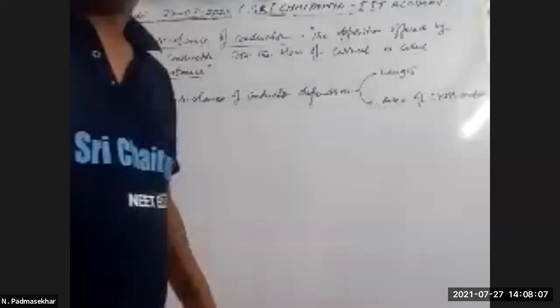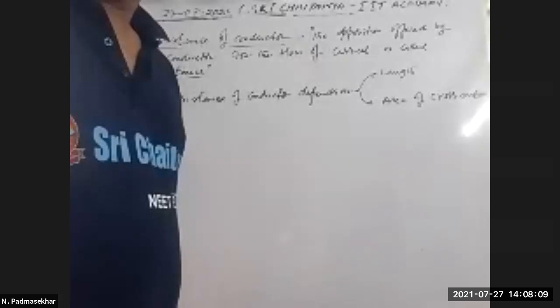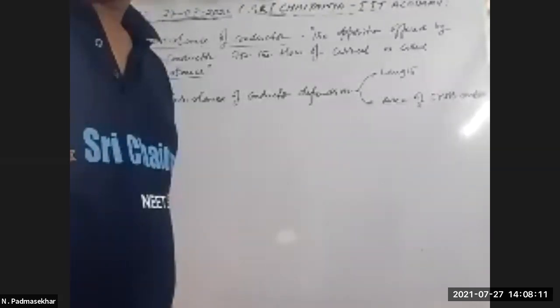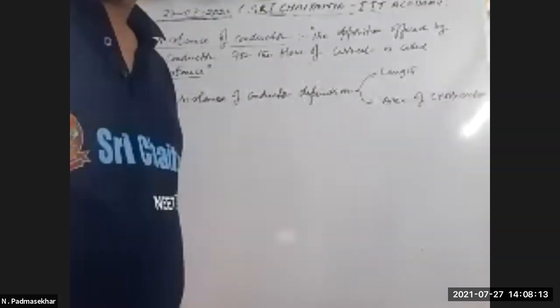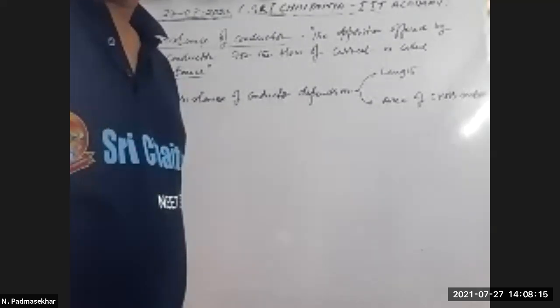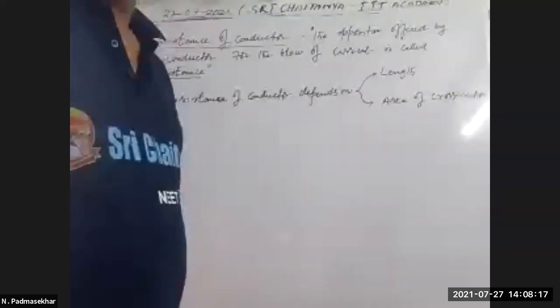So వీటి మీద డిపెండ్ అవుతుంది. So length and area of the cross section వీటి మీద డిపెండ్ అవుతుంది.